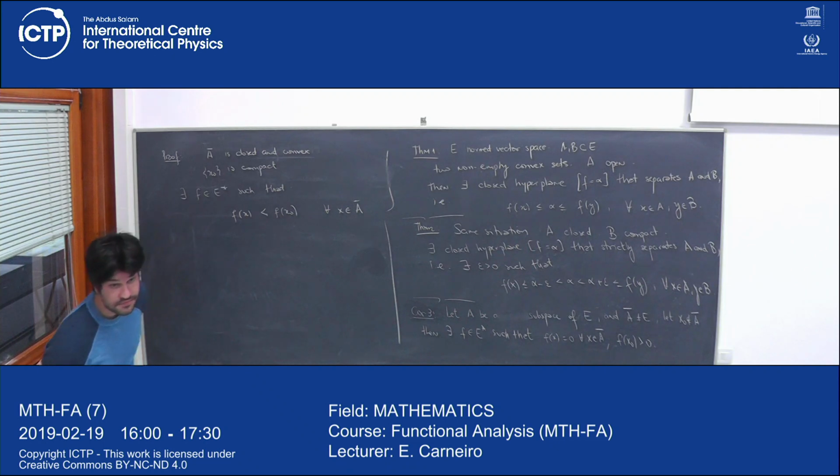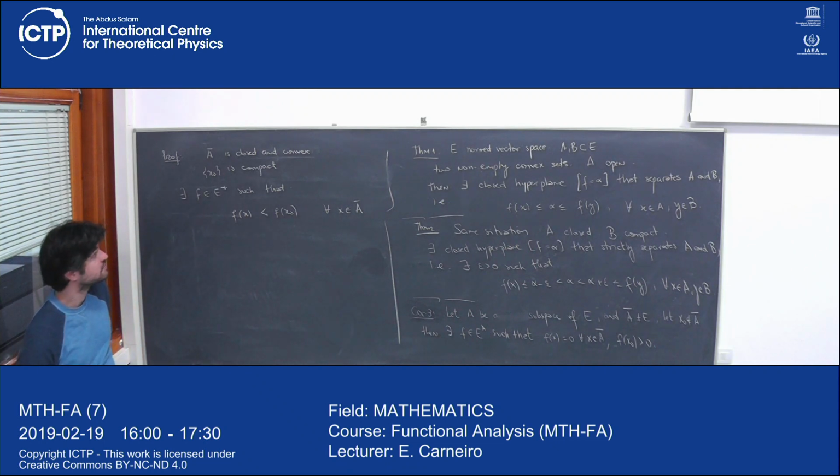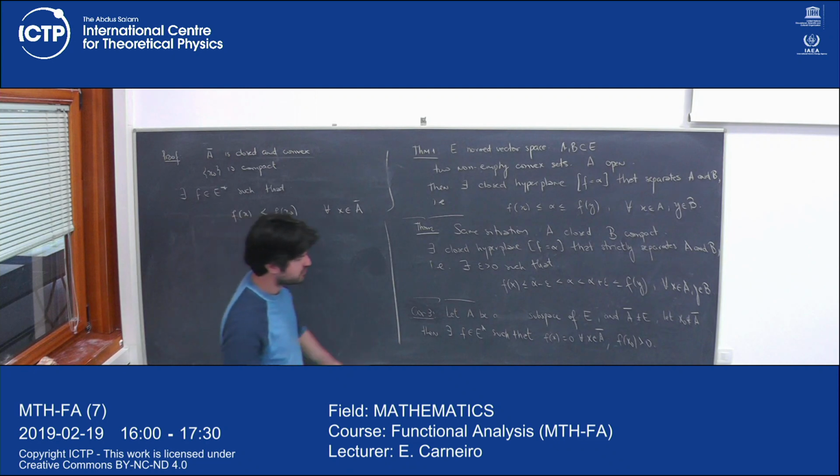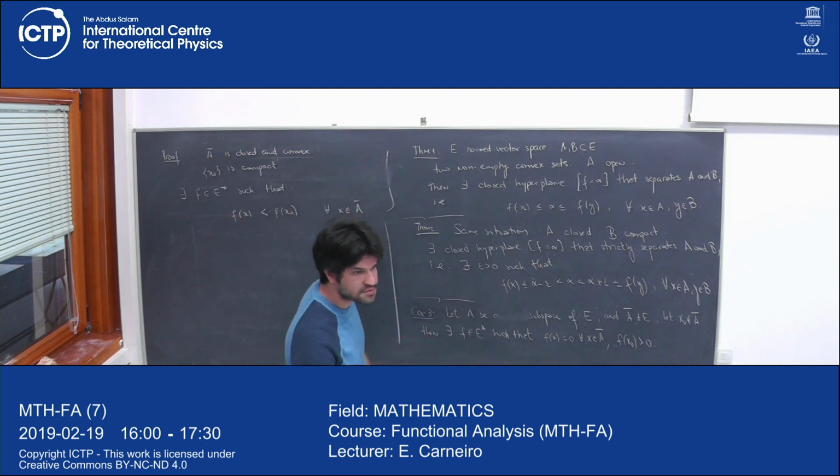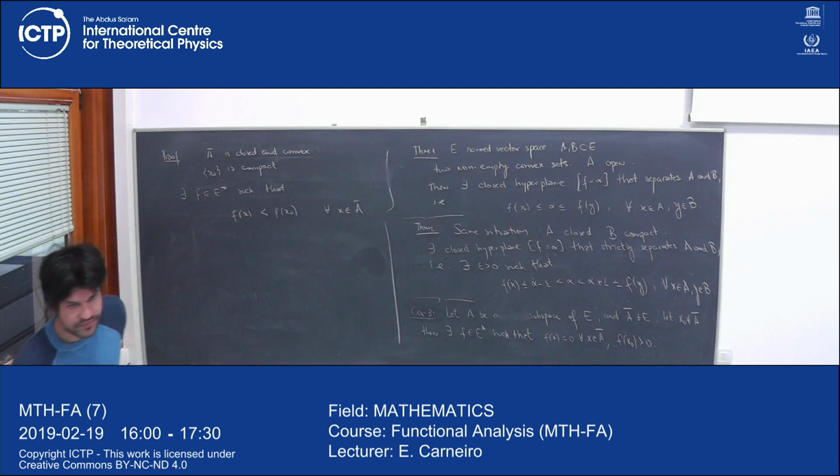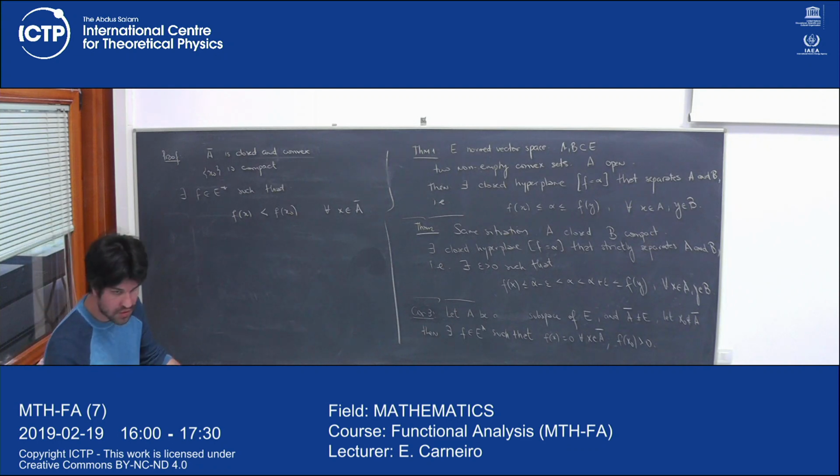How do we know A bar is convex? A bar is a subspace. A is a subspace, so A bar is a subspace as well. So by that, A bar is convex. Okay, so you agree that A is convex, right? A is a subspace. So I want to show this A bar is also a subspace.